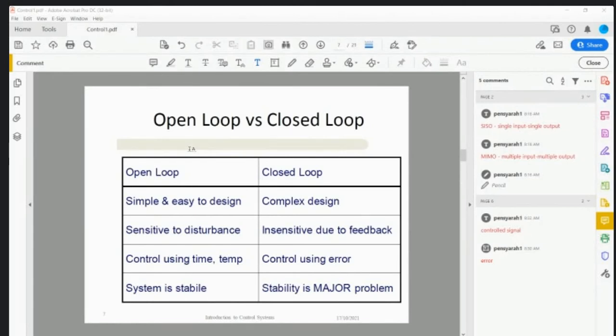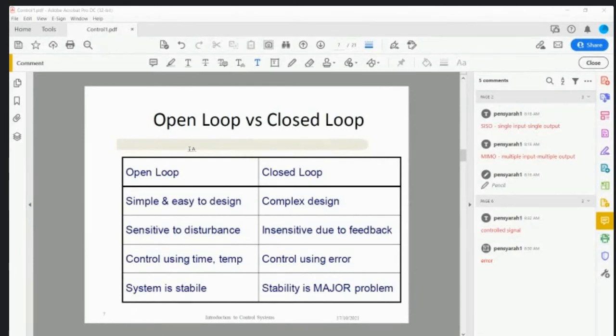For example, like the aircon system, if the temperature is 28, then it will ask the compressor to work more. But if the temperature is 18, then it will reduce the control signal to the motor of the compressor. So it is based on the error.